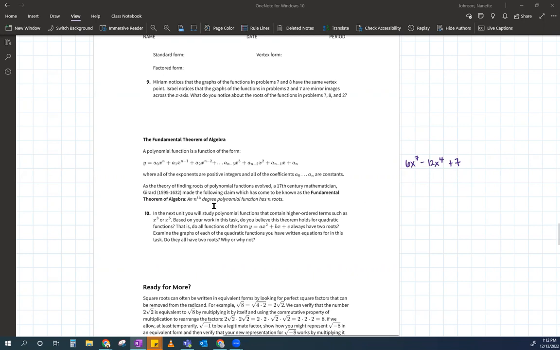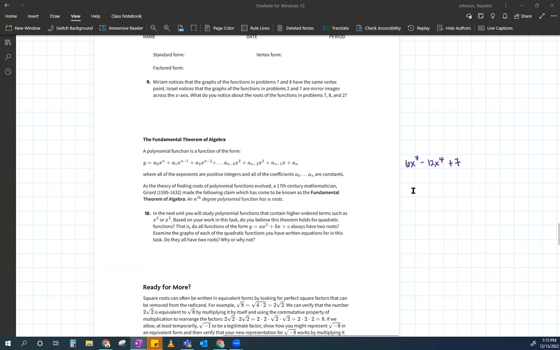Because the fundamental theorem of algebra told me to, right? The fundamental theorem of algebra says an nth degree polynomial has n roots. So what degree polynomial is this? Look at your power. What's the highest power of x? You all say 7, Ms. Johnson. It's a 7th degree polynomial, right? So how many roots does this have? 7.